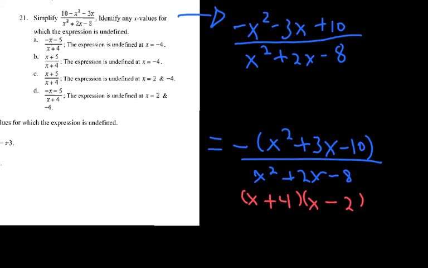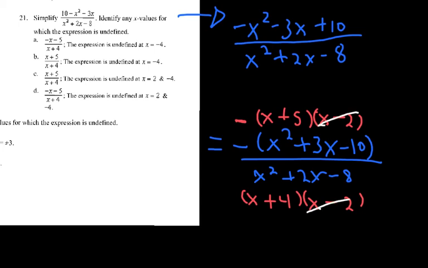Now the trinomial on the top, keep the negative, don't forget the negative. And we do have x plus 5, x minus 2, and this is an x. Okay, so we have 5 times negative 2 is negative 10. 5 minus 2 is positive 3, which is the middle term. So now we can cancel.